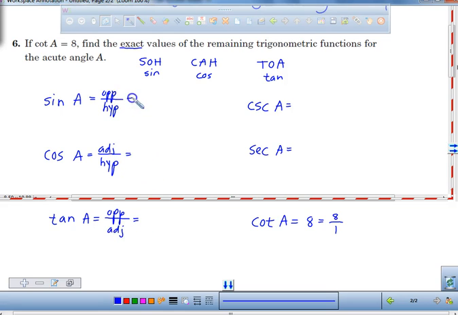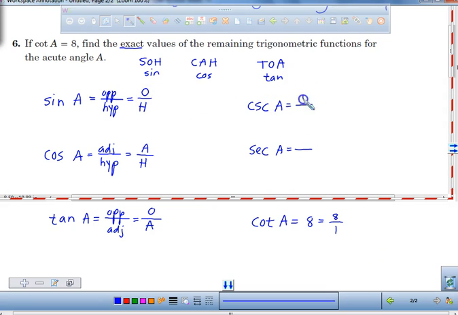Now, if you wanted to, instead of writing opposite and hypotenuse, you could write O over H. If you wanted to do A over H, that's fine. You have to find a way that works for you. All right? So if you wanted to write just the capital letters to represent what's happening up here, that'll work as well. All I want you guys to do over here is understand that these are the reciprocals.